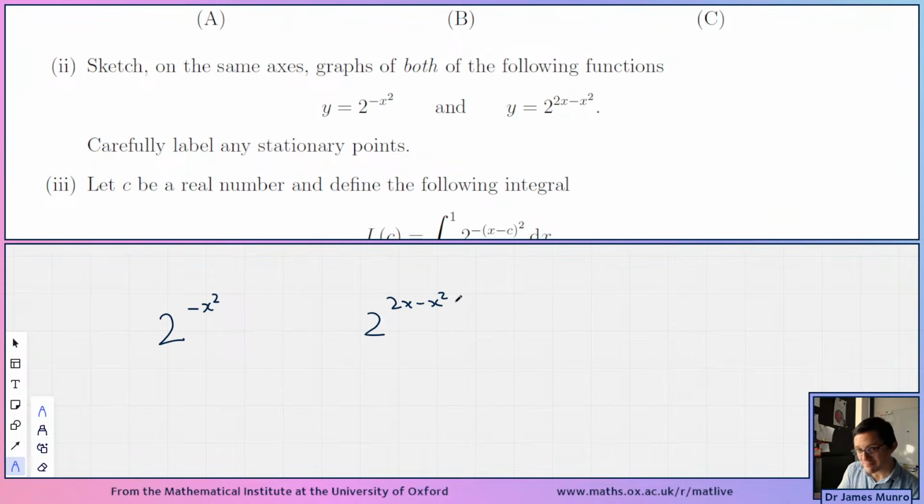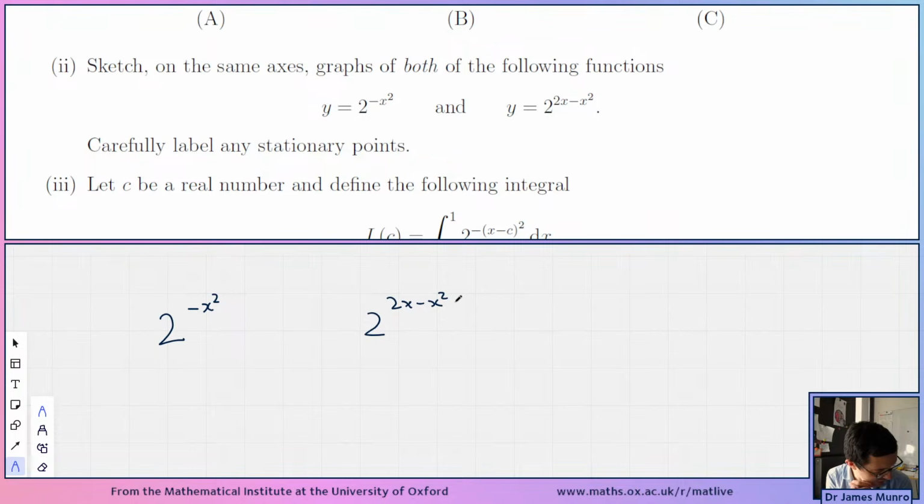So if you were playing along before, watching the stream, thinking about transformations, I would like you to think about what transformation links these 2 graphs, so that even if you're not certain how to draw the one on the left, you might be certain how to draw the one on the right once you'd seen the one on the left. Over to you to think about how these things are related to each other.